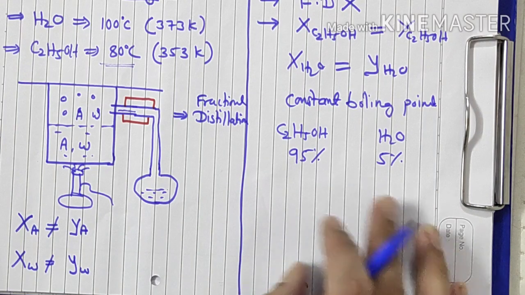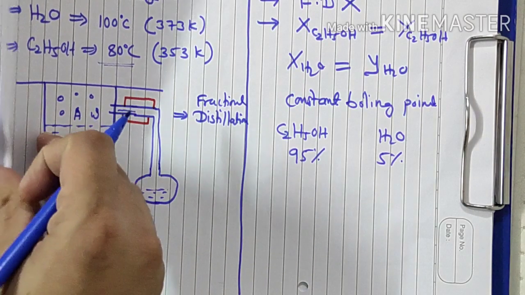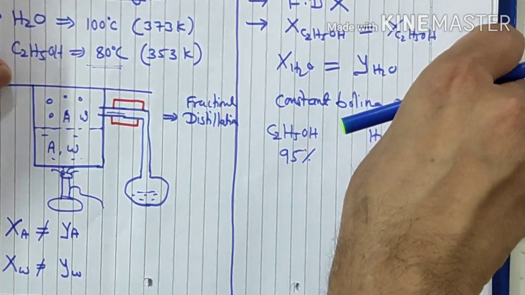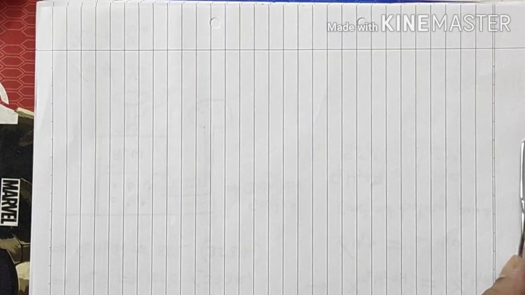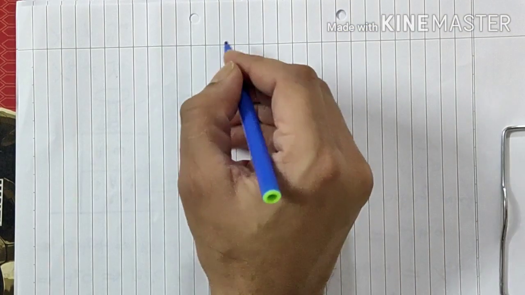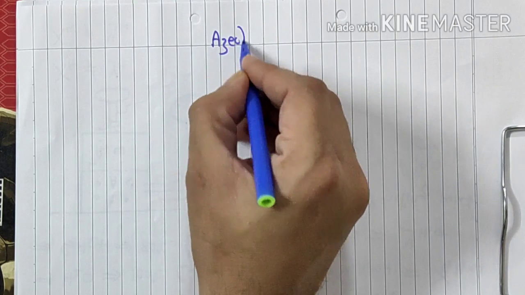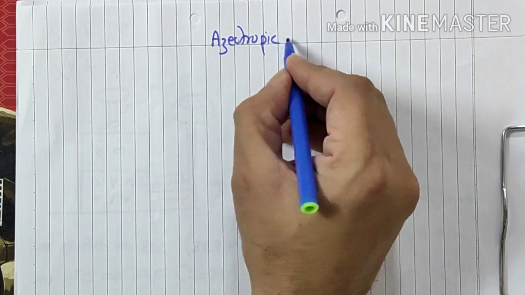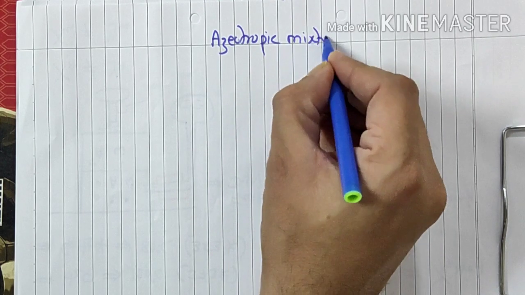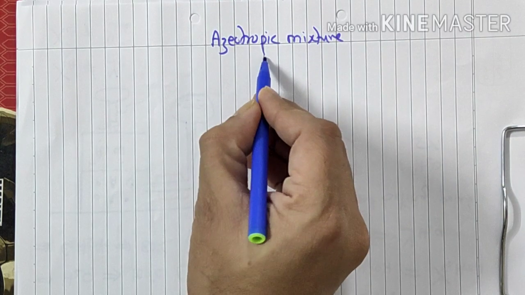Now student, azeotropic mixture is of two types. Let's understand. Azeotropic mixture is of two types.